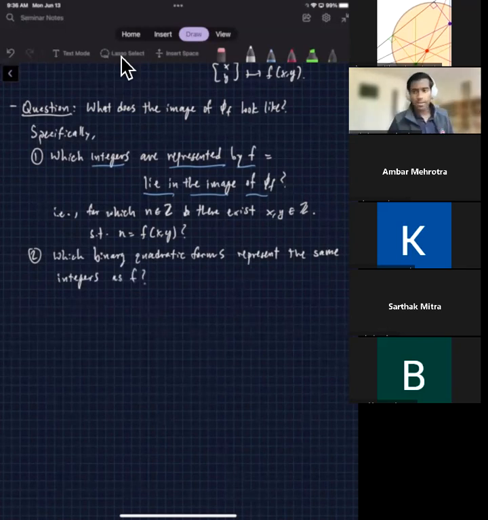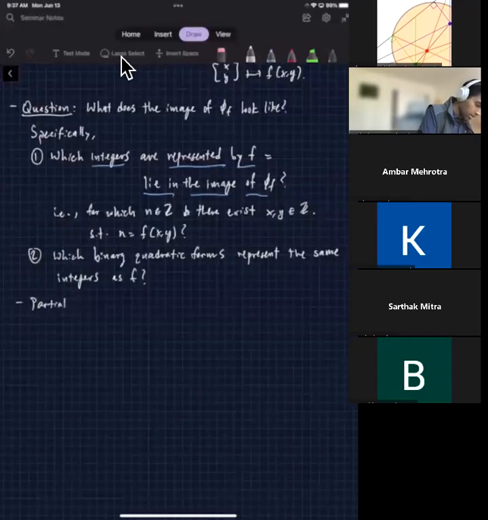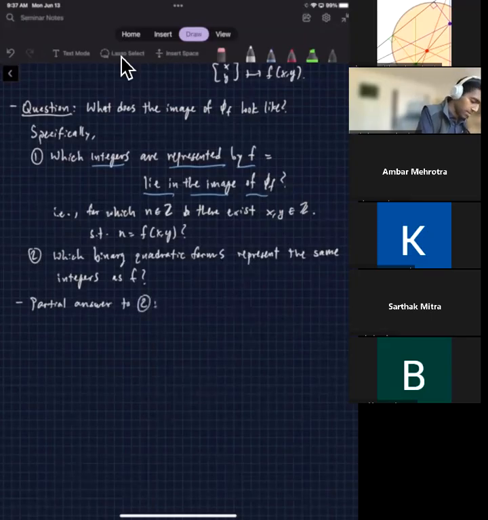So if you fix a binary quadratic form f, you can ask which other BQFs represent the exact same integers that f does. Okay. So in this talk, I want to start by giving a partial answer to question number 2.